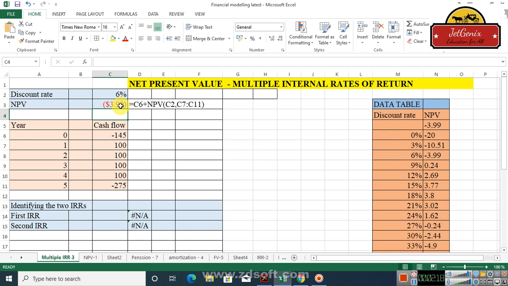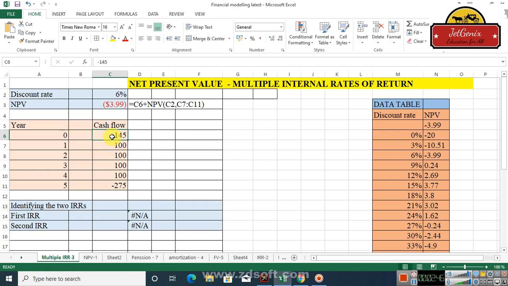We have calculated this one in my previous video as well, and today we are going to calculate the IRR, the multiple IRR. We are supposed to calculate the multiple IRR in a situation in which we have more than one change of sign in the cash flows.